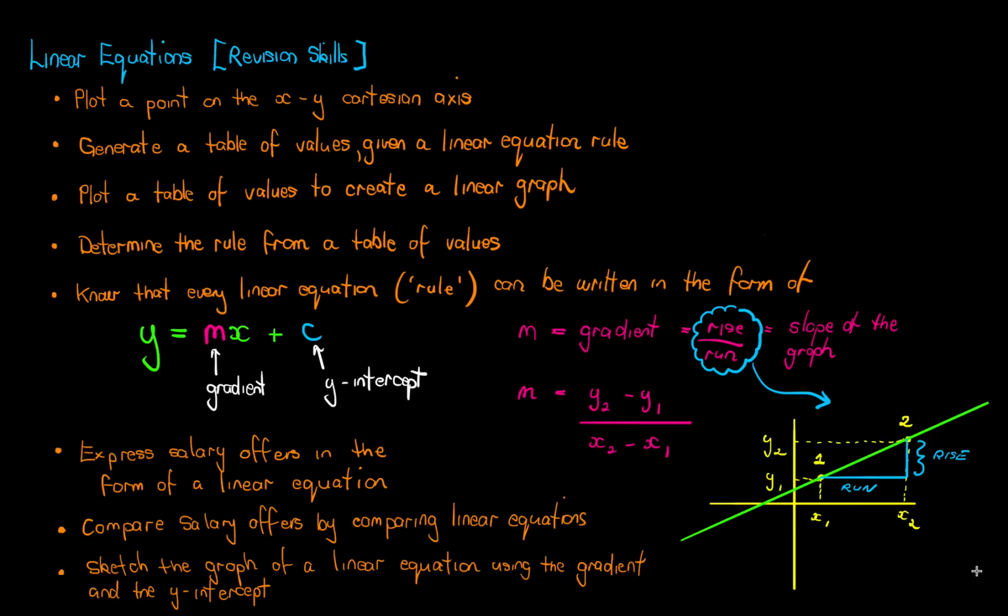The first point we need to be able to do is plot a point on a Cartesian axis. So what does that mean? Let's have a look. Here's our set of axes. We need to remember that the vertical axis is the y-axis and the horizontal axis is the x-axis.